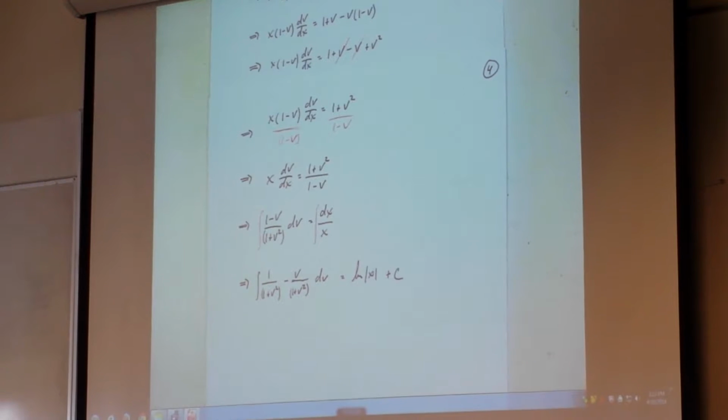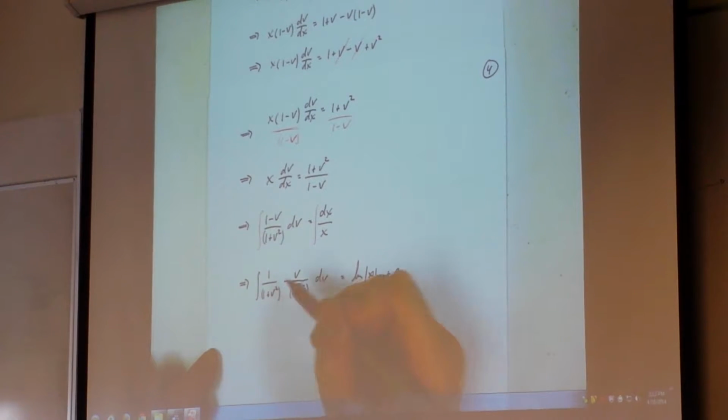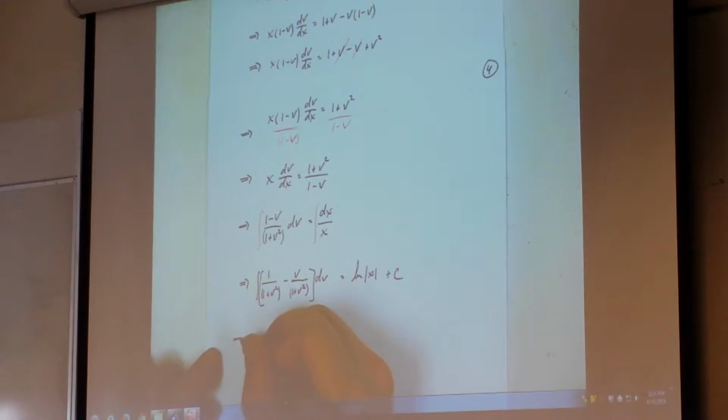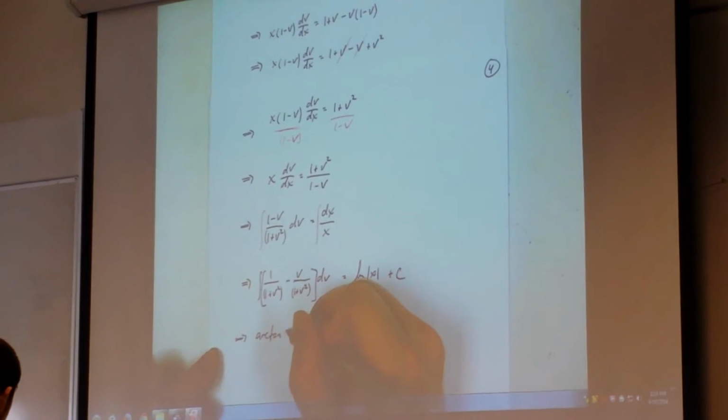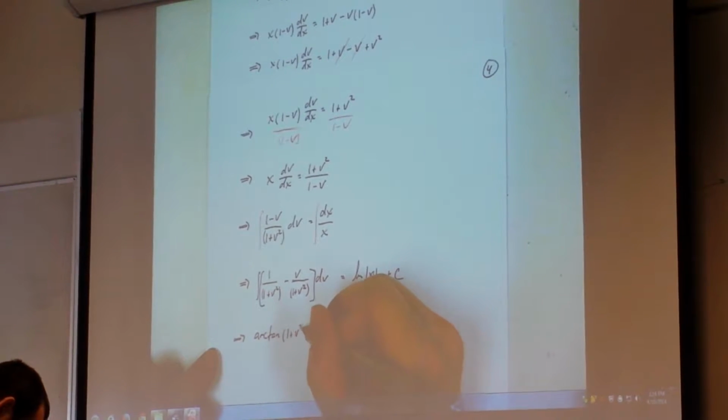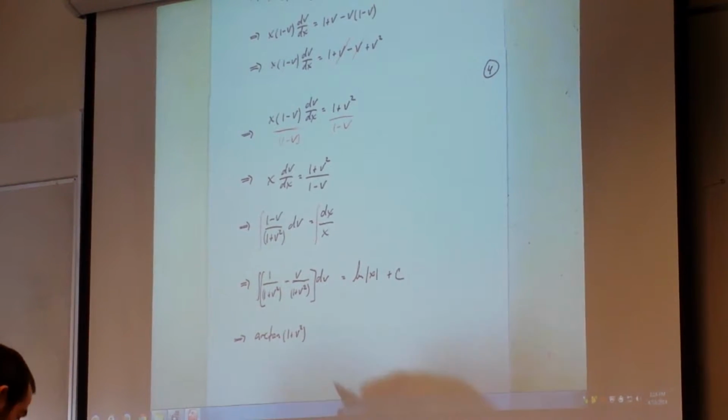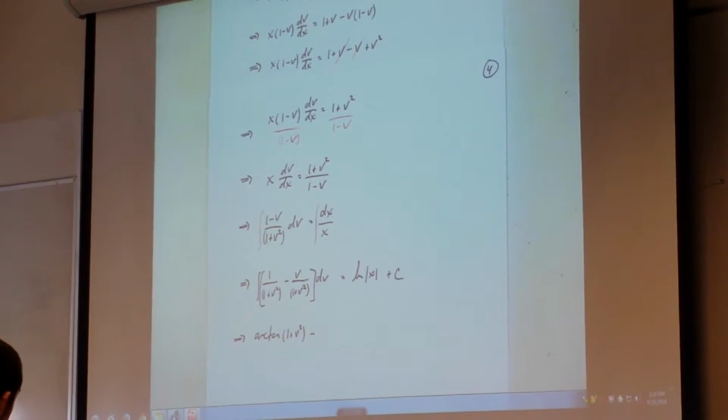Now on the left side, 1 over 1 plus v squared, integrating with respect to v, arctangent. Minus, and what about this guy? There would be a u substitution involved.